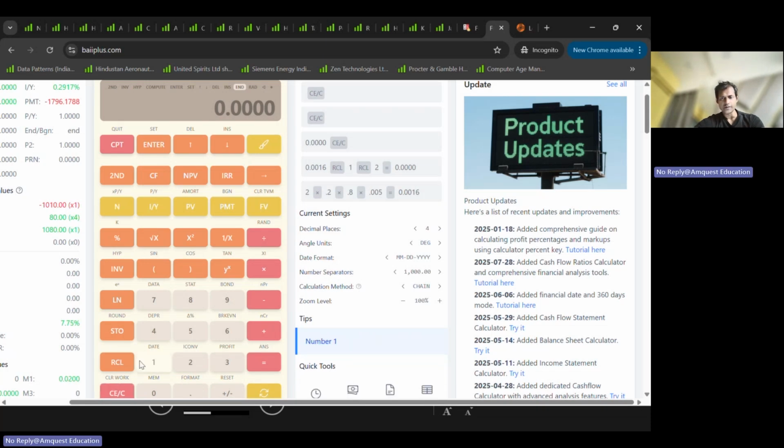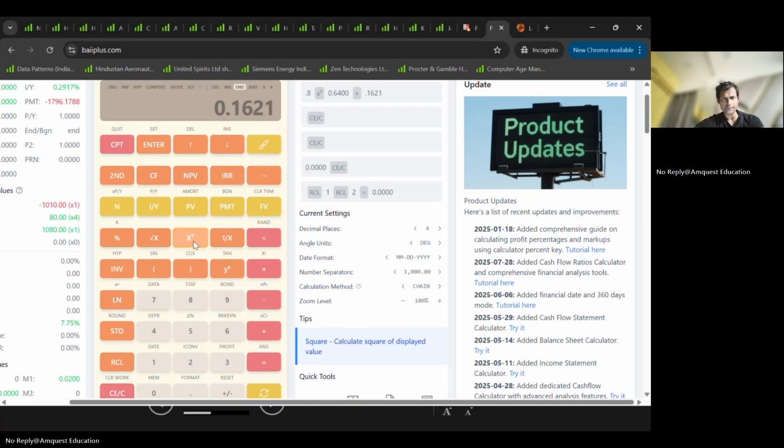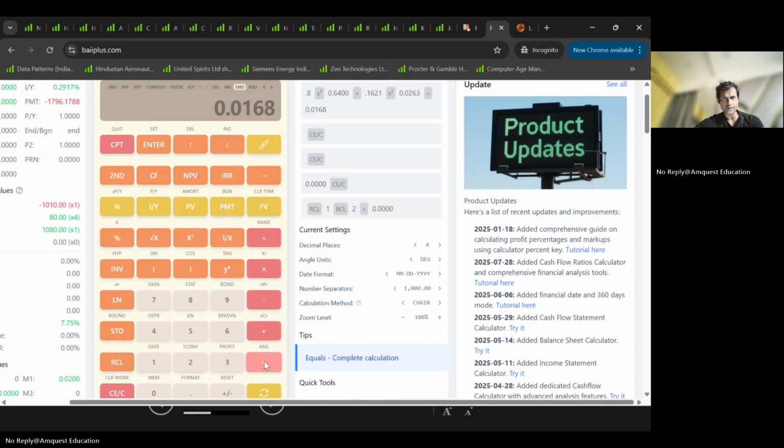Okay. Let me see why the other one is a 0.8 square into 0.1621 square. Yeah. This answers the first one.